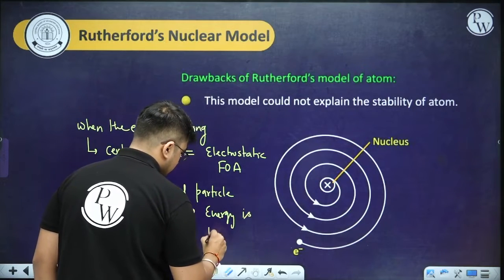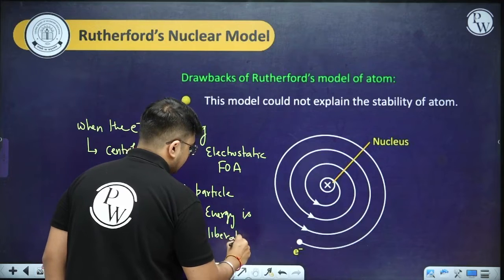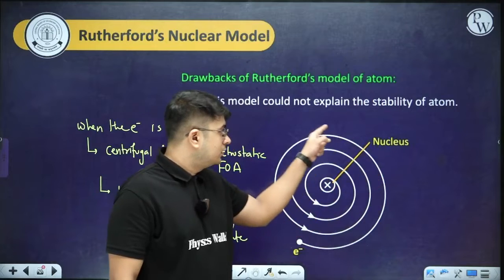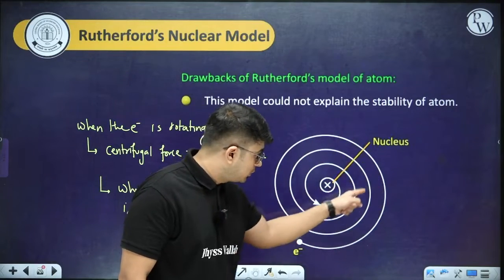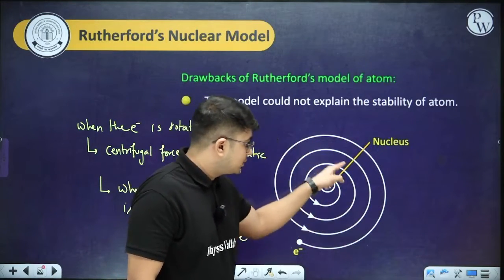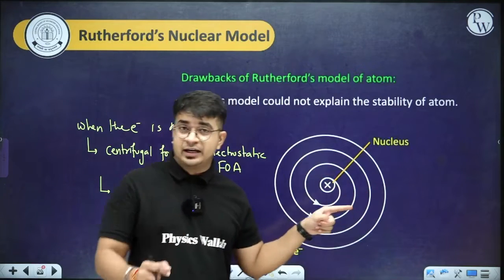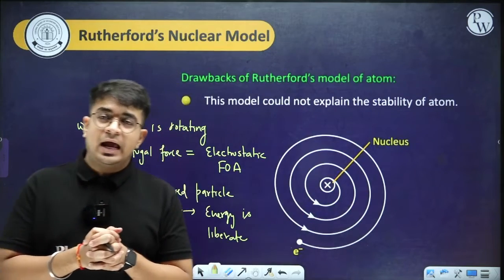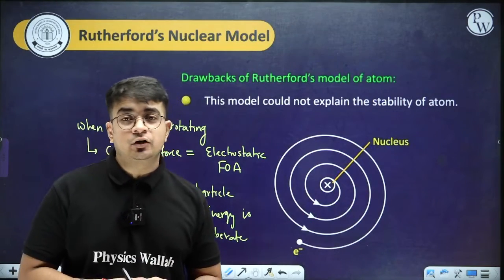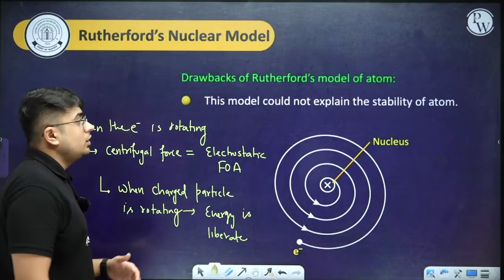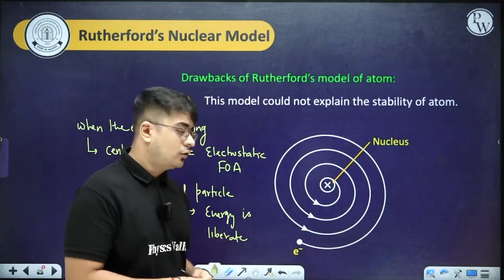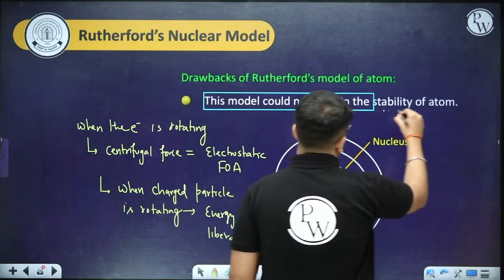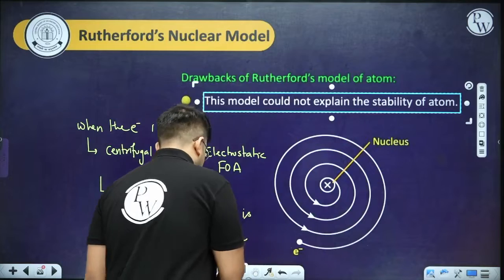Energy is going to be liberated. If energy is liberating, it means every time it rotates, it loses some amount of energy and comes closer towards the nucleus. There will be a time when the electron is going to combine with the proton, and that raises the question of the stability of the atom. So this model was not able to explain the stability of the atom. That was the most important limitation of Rutherford's nuclear model.